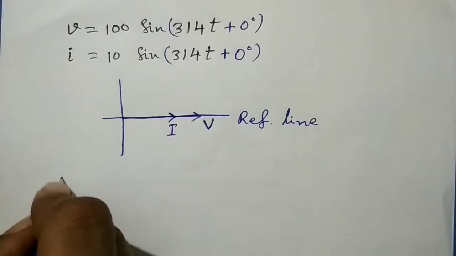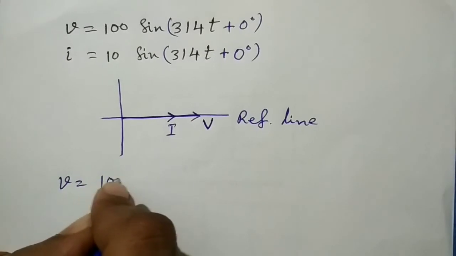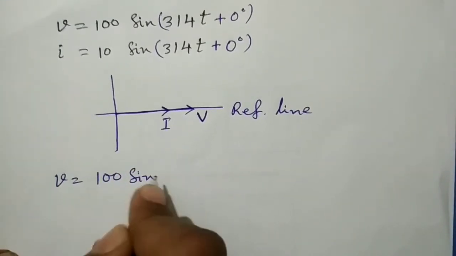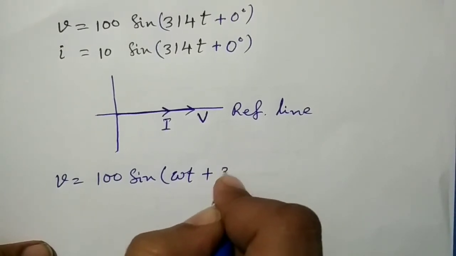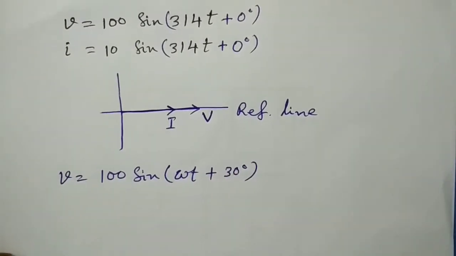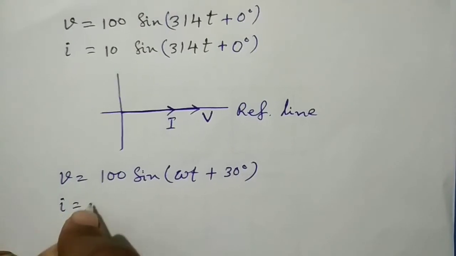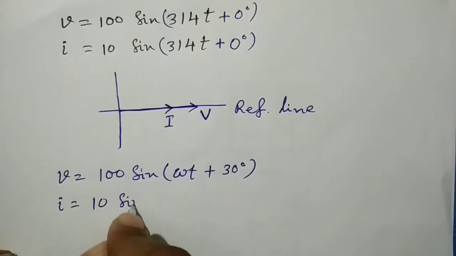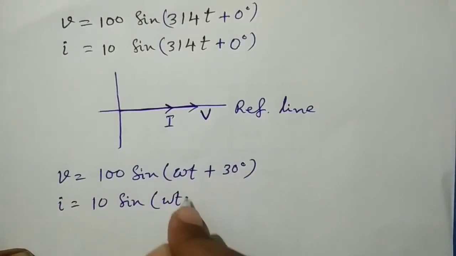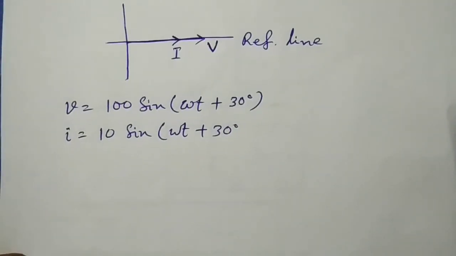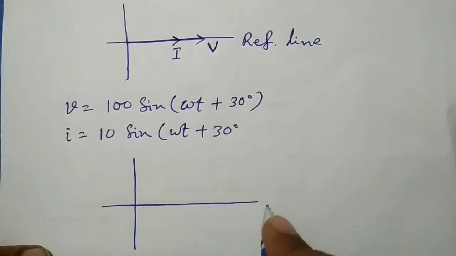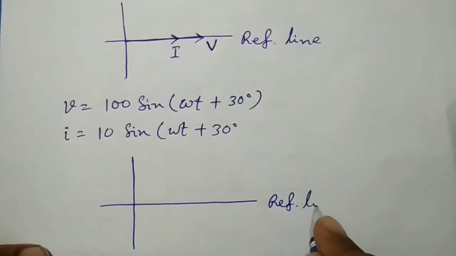Similarly, let's say V is equal to 100 sin(omega t plus 30 degree), and I is equal to 10 sin(omega t plus 30 degree). So the phasor diagram of the voltage and current will be, this is the reference line.